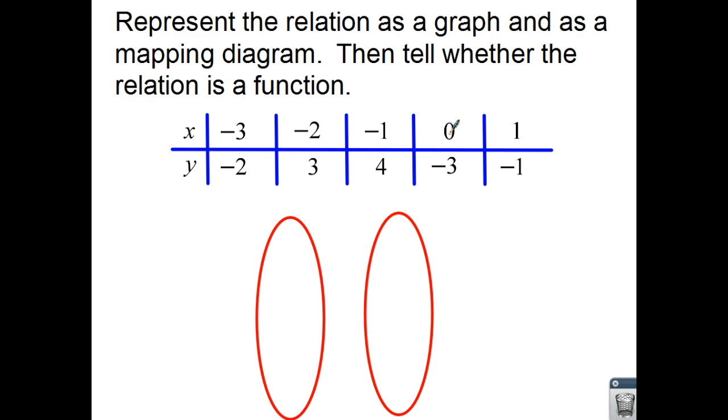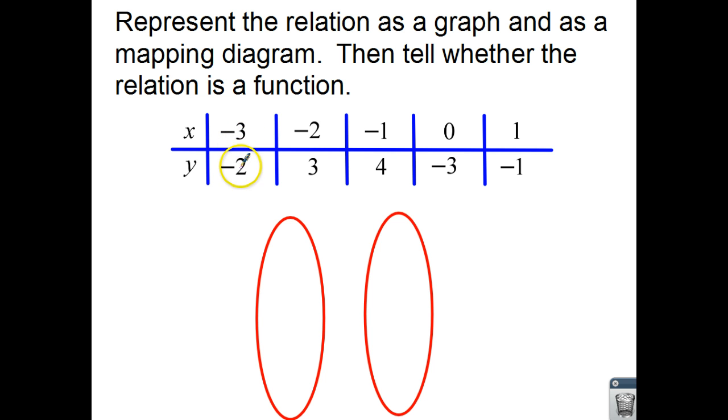So according to my definition of a function, all of my x's can only be matched up with one particular y value. So if I see -3, it is matched up with the output of -2. So this x, -3, is not allowed to match up with anyone else, and it doesn't.